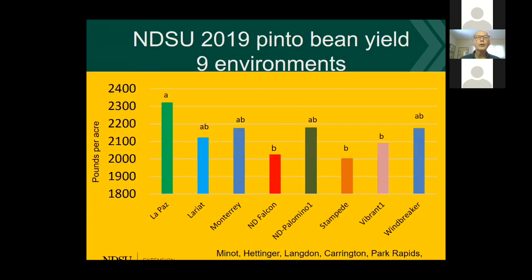Now I'm going to look at some of the yields of Pinto beans. This is from 2019. That is all gathered from the variety data booklet. And you can see that there are variety differences, and we suggest that you pay attention to varieties that are doing well in your region.